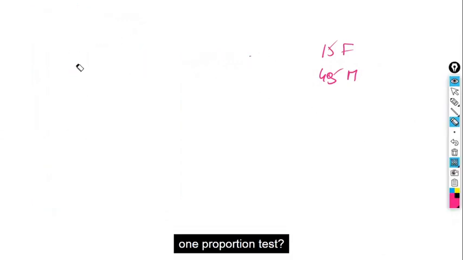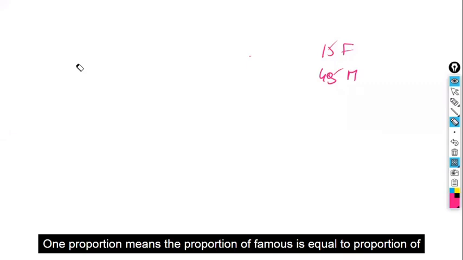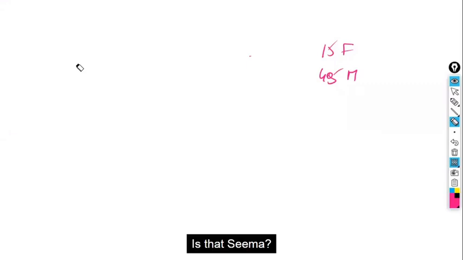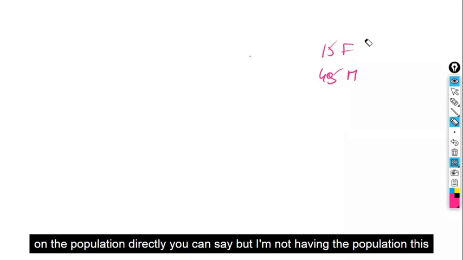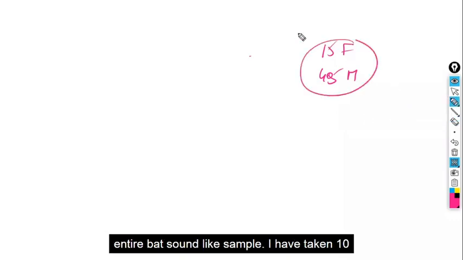Now, what is 1 proportion test? 1 proportion means the proportion of females is equal to the proportion of males. Is that the same? Simple, that you are going to analyze. Here, this is the population data. Sir, based on the population, directly you can say, but I'm not having the population. From this entire batch, I have taken a sample of 10 students.